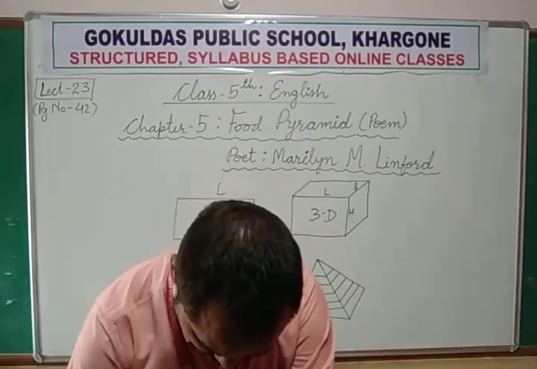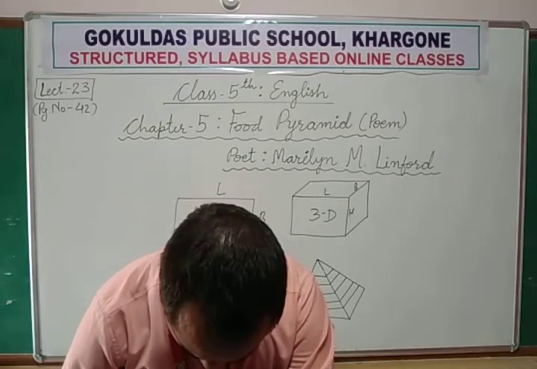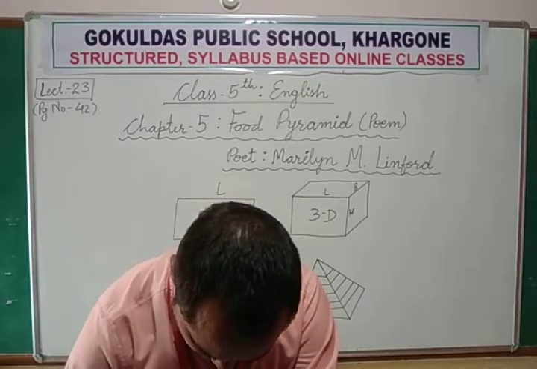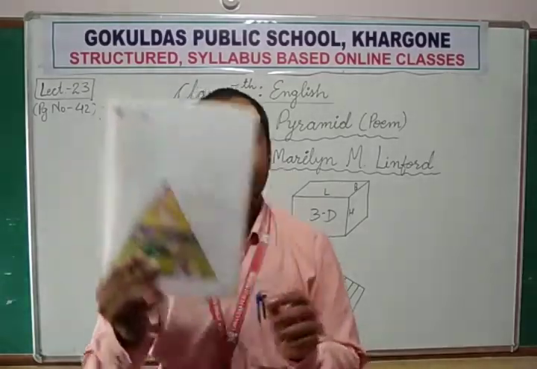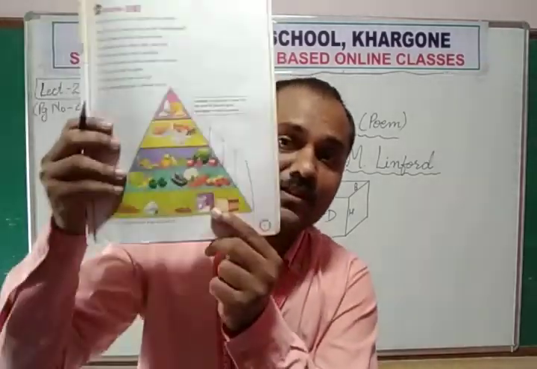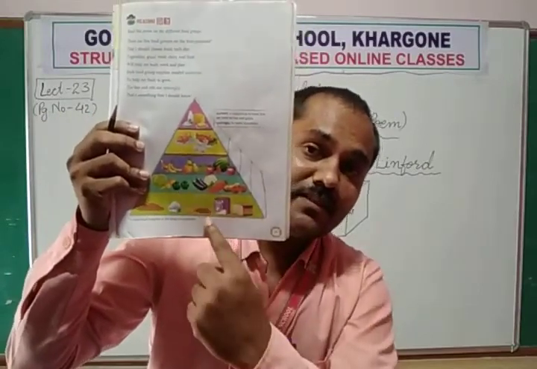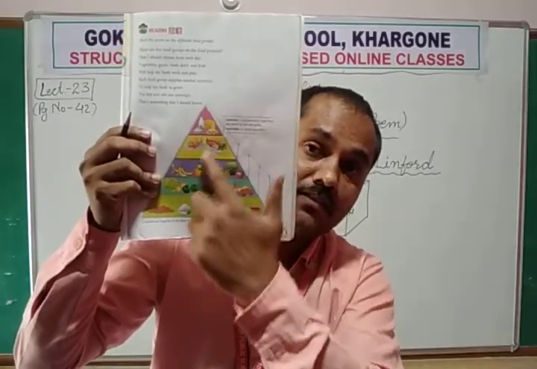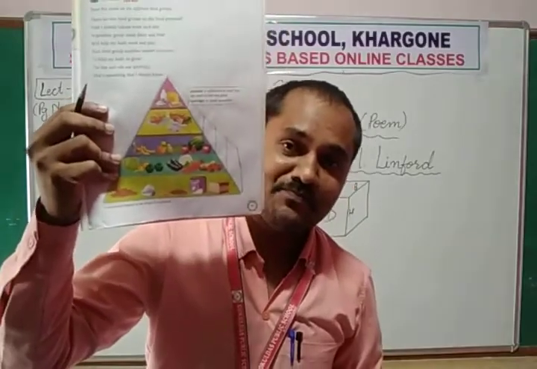Suppose I draw here from my side to make it like a pyramid. Now can you see? Now it looks like a pyramid because it has some different sides, some different faces also. Now it is 3D. So now we can say that it is a pyramid.